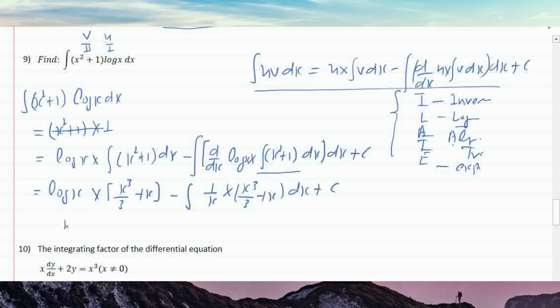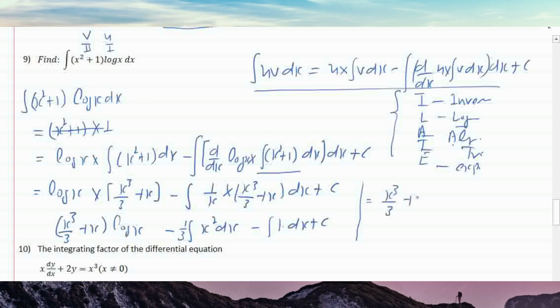We are getting here x cube upon 3 plus x log x minus, children, you can simplify it further. We are getting 1 by 3, here you are getting x square dx. x cancels out with x, you are getting 1 dx plus c. See, if you simplify it further, we are getting here x cube over 3 plus x log x minus, here we are getting x cube over 9 minus x plus c.